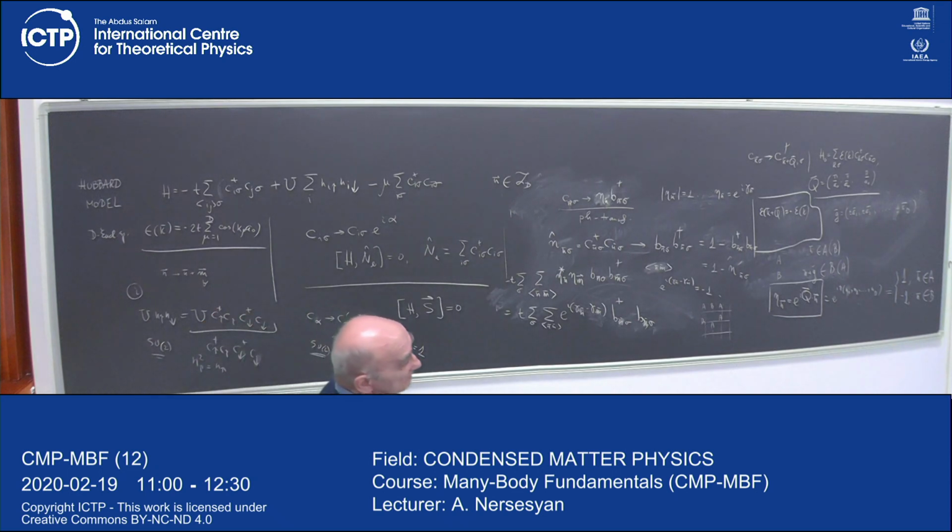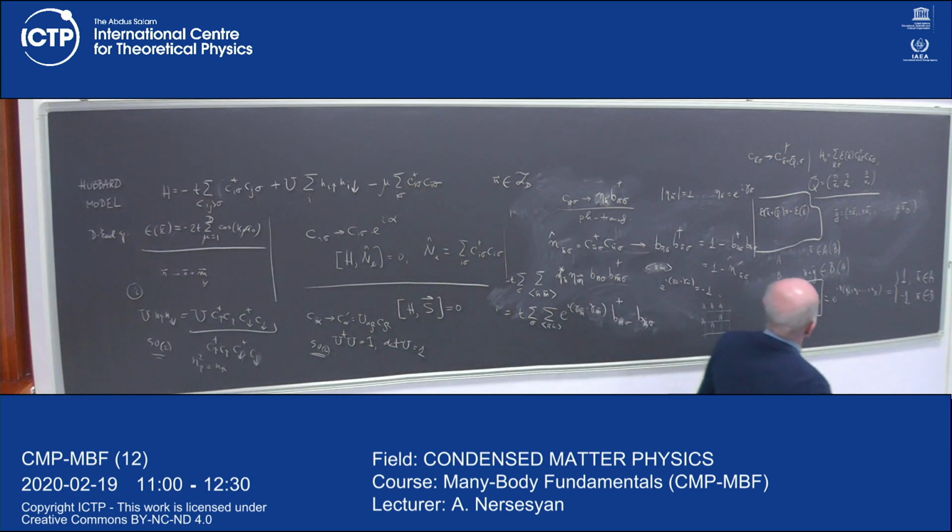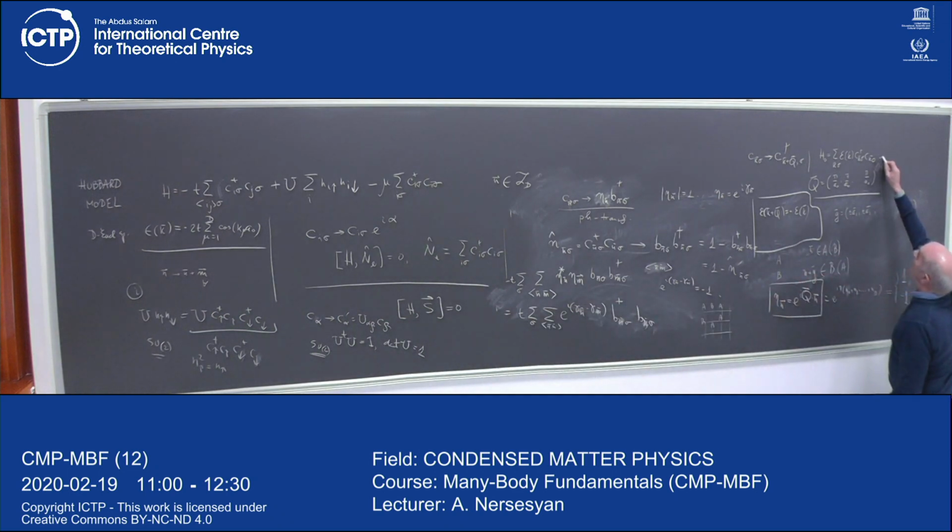Now it's clear what happens if you make this transformation: you get epsilon of k, with c†_{k+Q,σ} c_{k+Q,σ}.